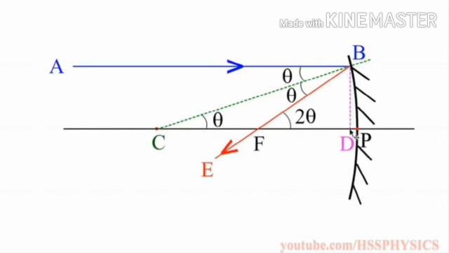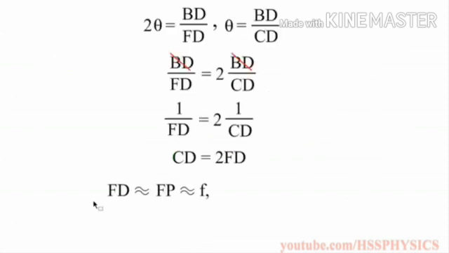The distance CF is R. FD is the distance f. Going to substitute into the equation. Already we know CF is equal to 2 into FD. So FD and FB is f.